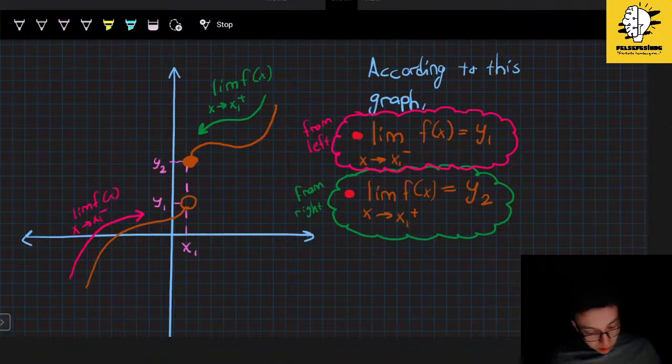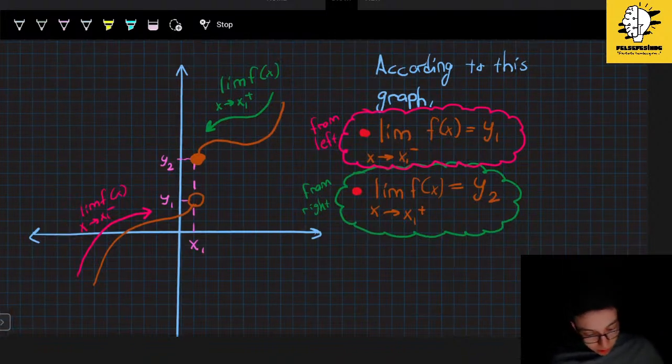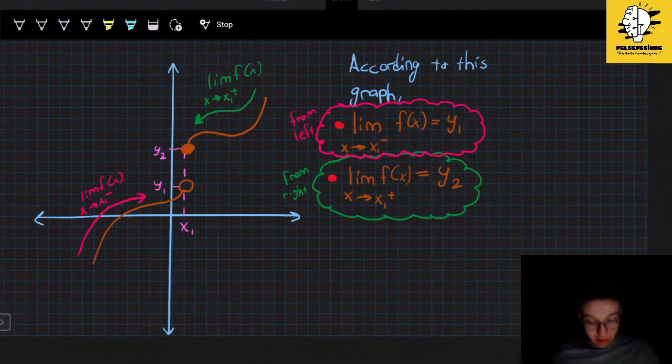I also used color coding. You can see that the pink one is going from the left. It's negative. So as I follow the orange line from the negative side and approach x1, I realize that I will end up reaching y1, not y2, because I came from the left. However, if you check the green color code, you will see that x is approaching x1 plus with an arrow.